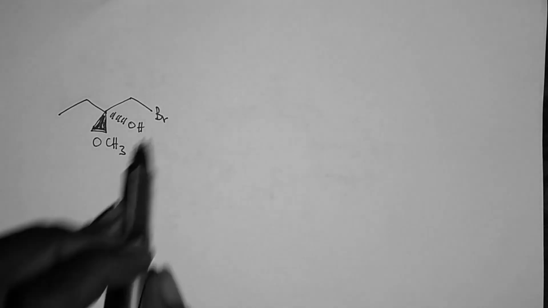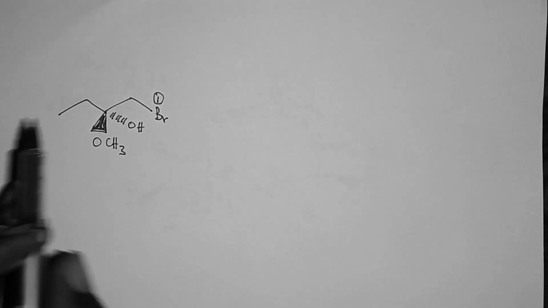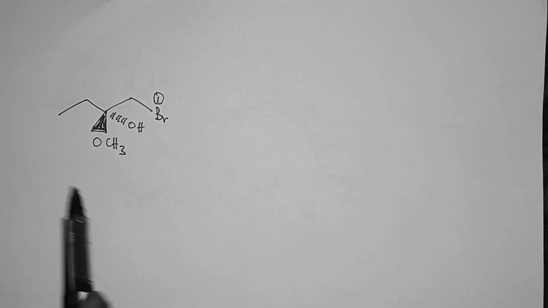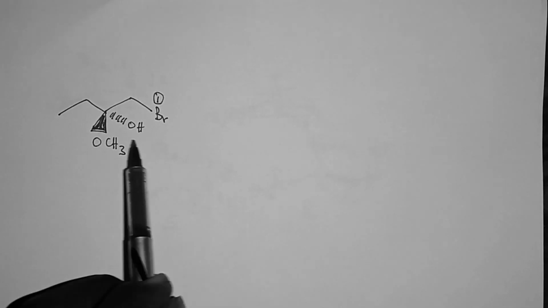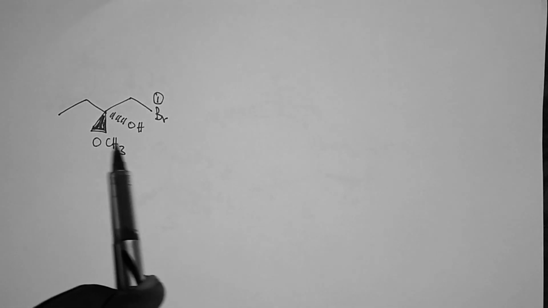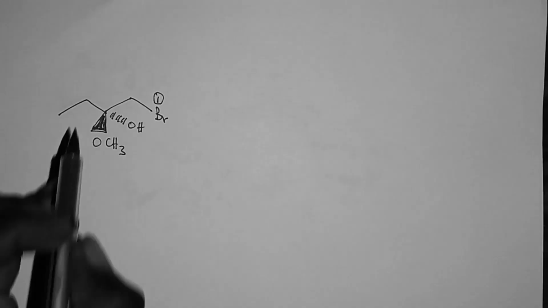So let's assign priority. This is 1 because bromine has a higher molar mass than oxygen. This is an OH, but this is a CH3. We give precedence to the CH3 over the OH. And therefore, this is number 2.